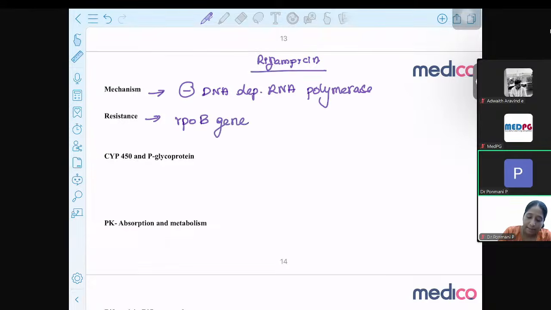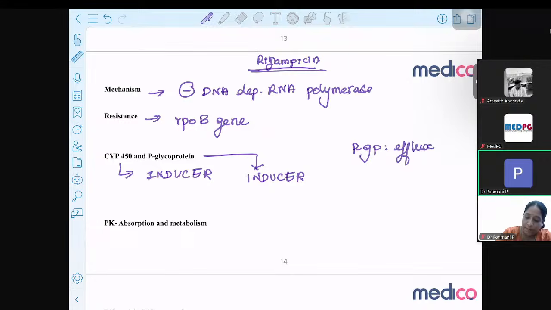And remember, rifampicin is a cytochrome P450 inducer and also a P-glycoprotein inducer. What is P-glycoprotein? P-glycoprotein is an efflux pump. It is going to throw your drug out of the cells. So it is a pump inducer.